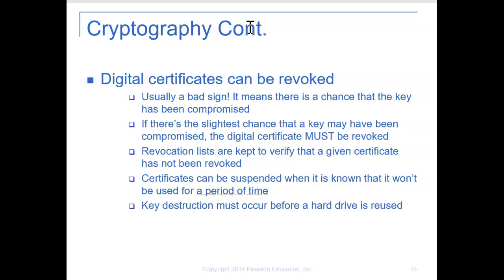Your application, before granting access through the certificate, should check the revocation list. Now, that's not always up to date, so a faster way to do this, and browsers should be configured from a policy standards perspective to use OCSP, or Online Certificate Status Protocol, and that's a more up-to-date revocation list.